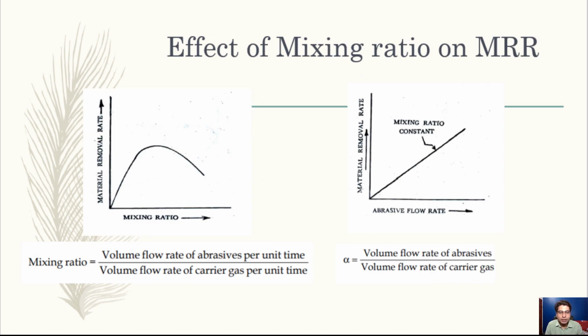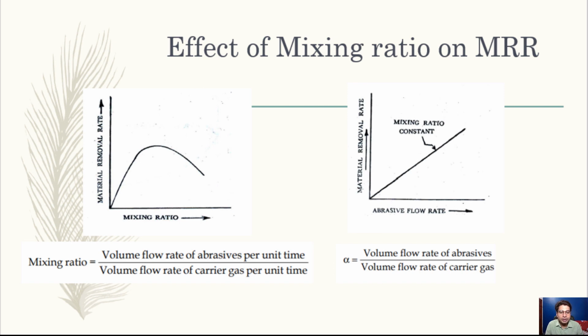Now, speaking about the effect of mixing ratio on material removal rate, increased mass flow rate of abrasive will result in a decreased velocity of fluid and will thereby decrease the available energy for erosion and ultimately the material removal rate.